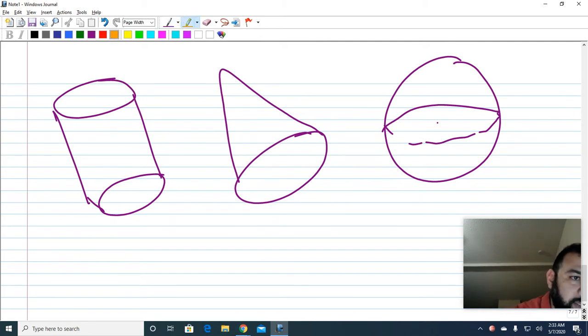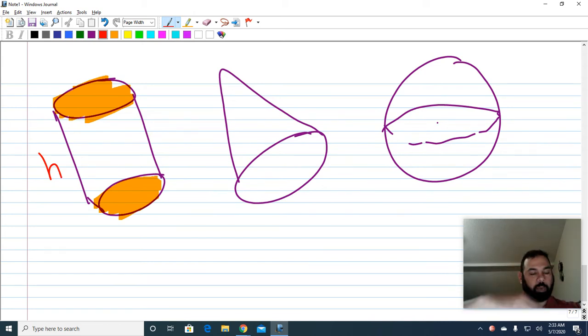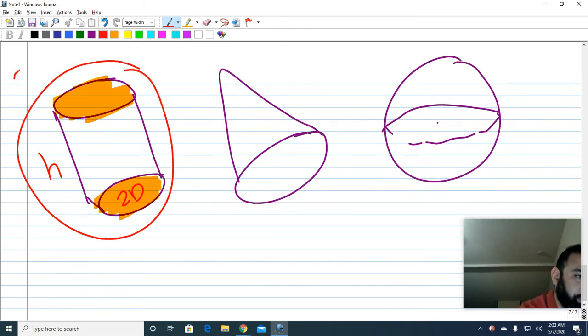For cylinders, it's very clear: it's like two parallel circles that are connected with a height. It's like one circle stacked above another in order to form the cylinder. So this is how I went from a 2D shape into a 3D shape.